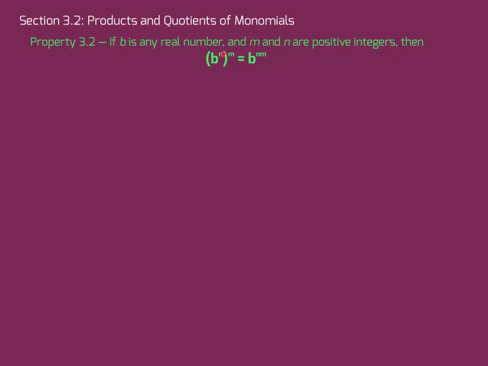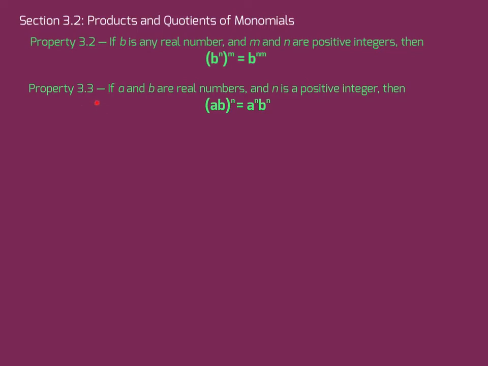Basically, power to a power means that you multiply the two exponents together. Again, I do not plan to prove this in the video, but please try it on your own in your notes using the definition of exponents, and then double check with the proofs in your book.